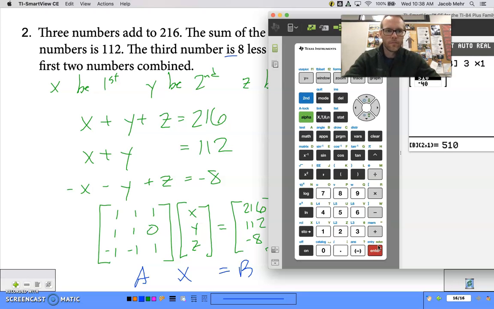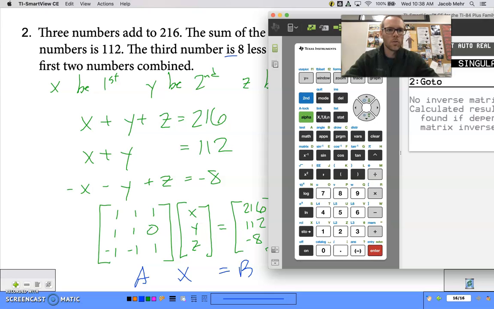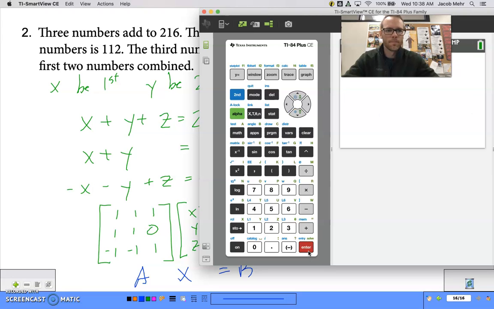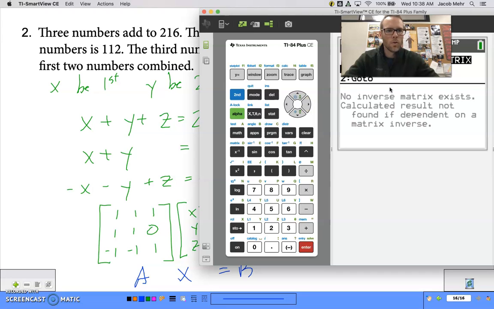Let's try that again. 112. Negative 8. Second quit. I still have that same thing, so I can just go to it. What's the problem? No inverse matrix exists. What is that about?